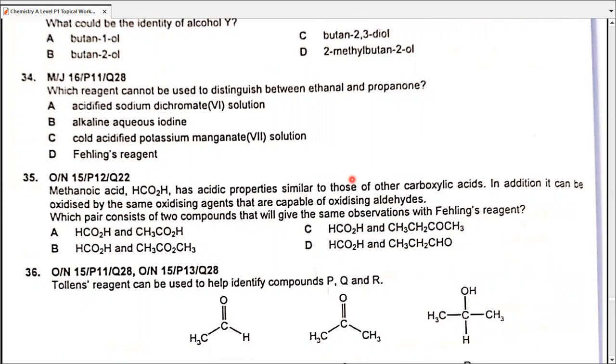Charlie. How? It can't be beta or delta. Because ethanol, it will distinguish by the reaction with Fehling's reagent, and for aqueous iodine as well.